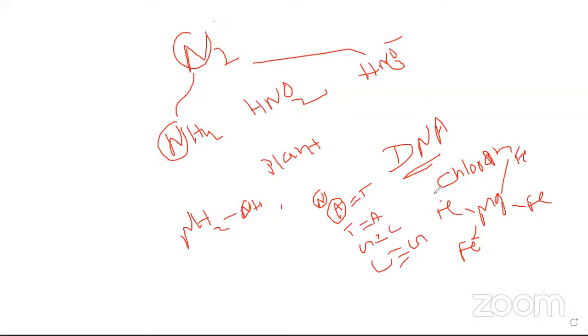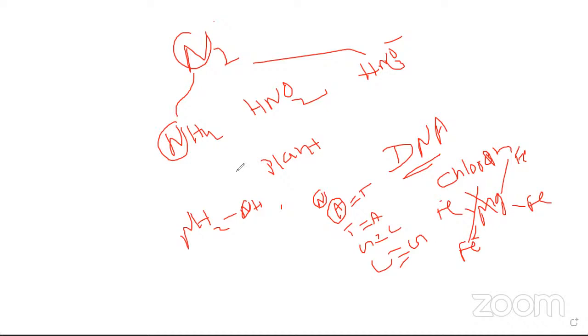So if there is a deficiency of nitrogen, what happens? With the loss of nitrogen, first of all, chlorophyll formation fails. As a result, chlorosis occurs, because there is no nitrogen, so there is no formation of chlorophyll. That is number one. And also, the plant shows stunted growth.